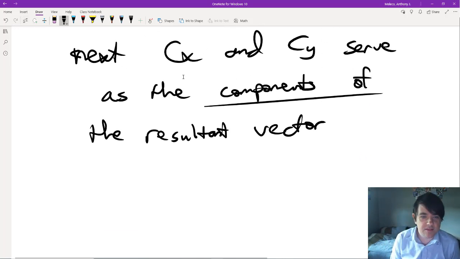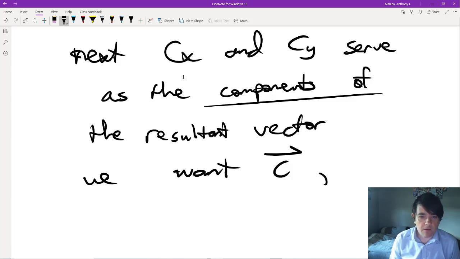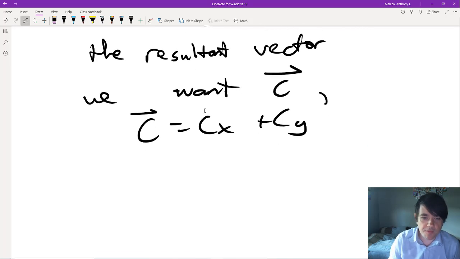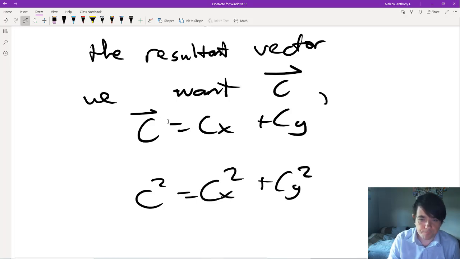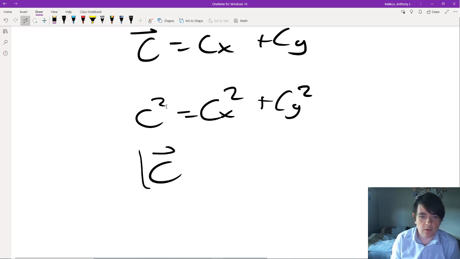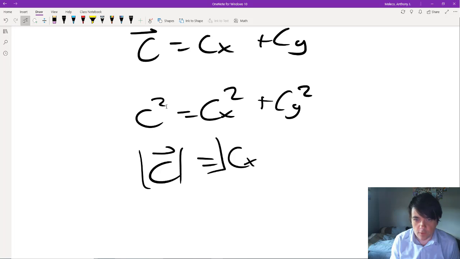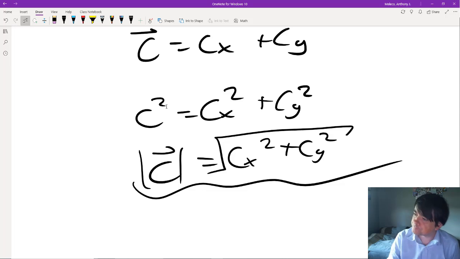So if we want C, we use what's actually known as the Pythagorean theorem. It's literally a triangle. Okay, so C will be the square root of CX squared plus CY squared.